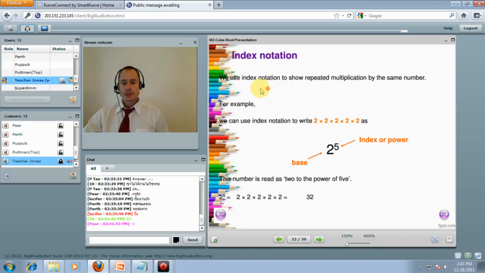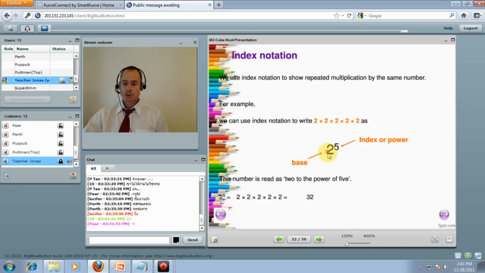We use index notation to show repeated multiplication by the same number. For example, we can use index notation to write 2 times 2 times 2 times 2 times 2 as 2 raised to the power of 5.